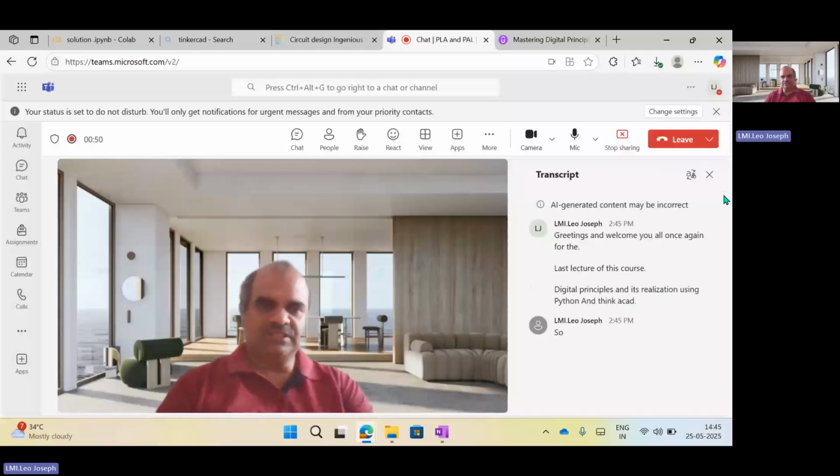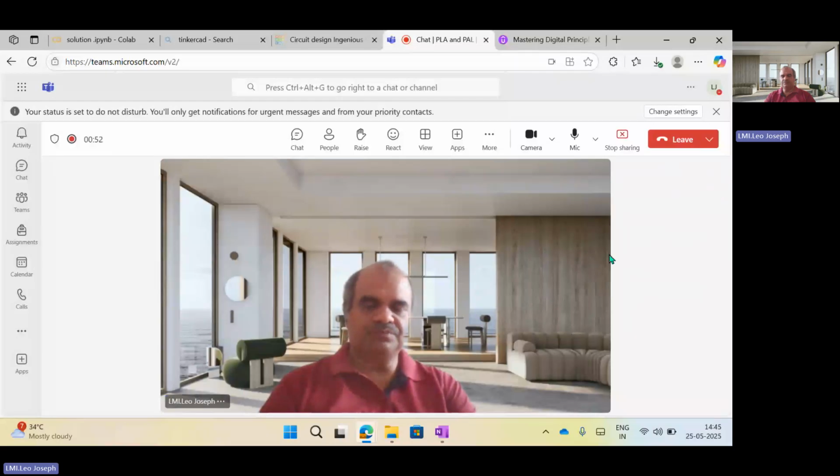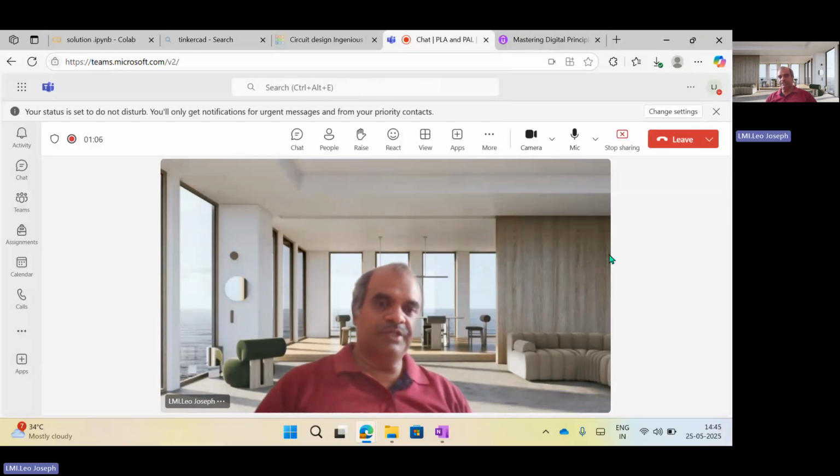So in this lecture, we are going to see how to design and realize a programmable logic array using Python and Tinkercad. This is a very important lecture since we are going to see what we didn't see earlier. Previously, we took some Tinkercad logic ICs, connected them and realized the circuits.